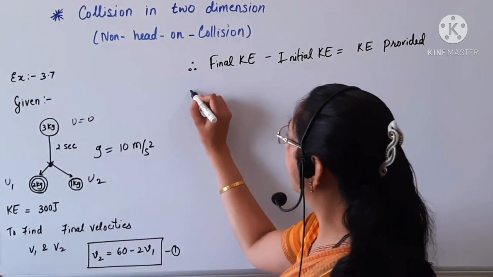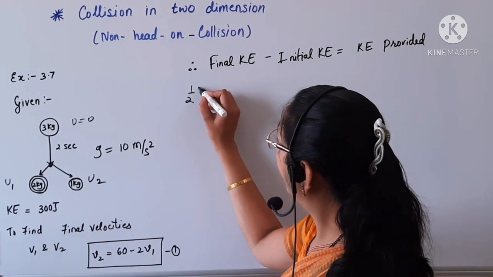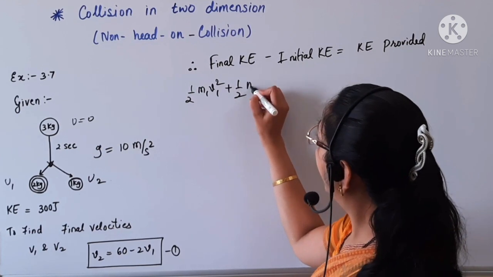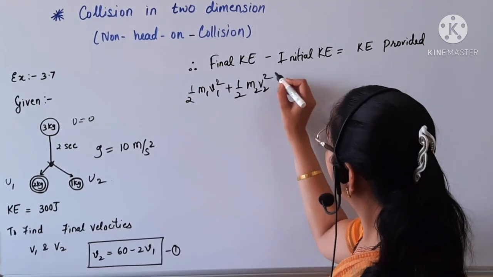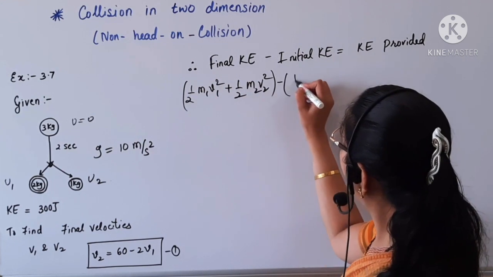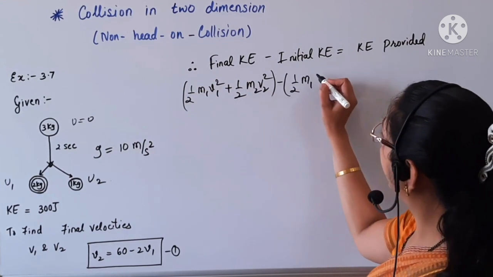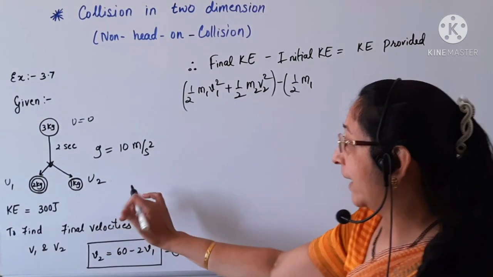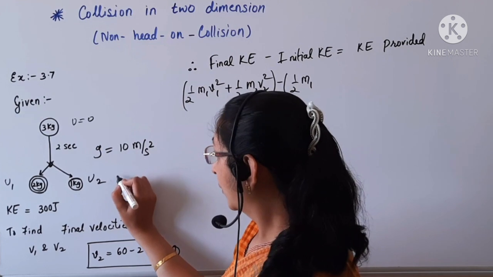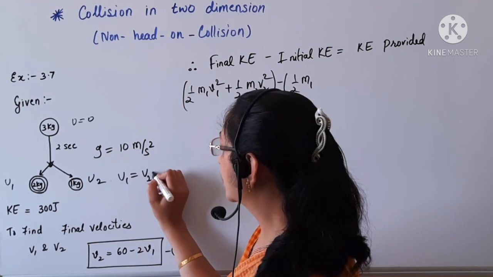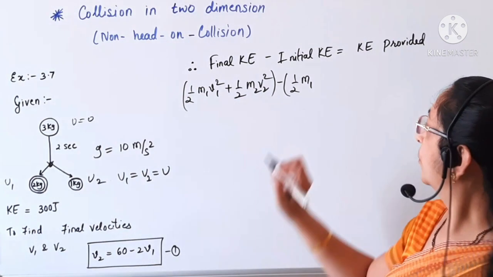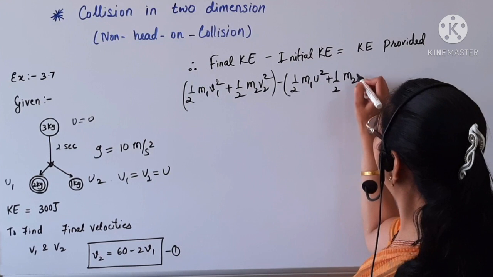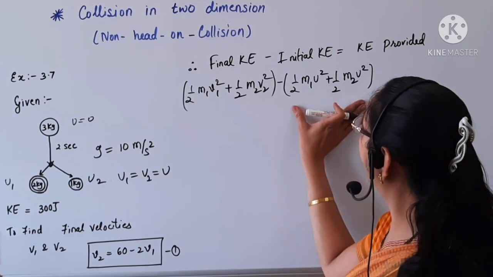The final kinetic energy is half m1 v1 square plus half m2 v2 square, minus half m1 u square plus half m2 u square, because u1 is equal to u2, so let this be u. This is the initial kinetic energy.